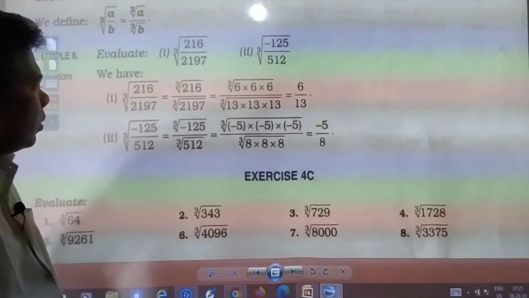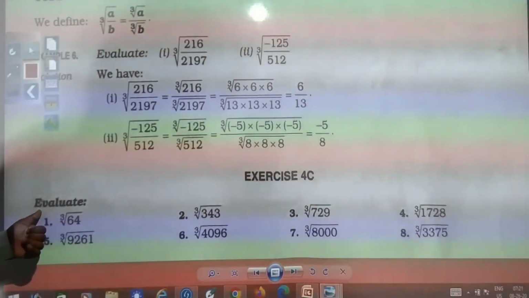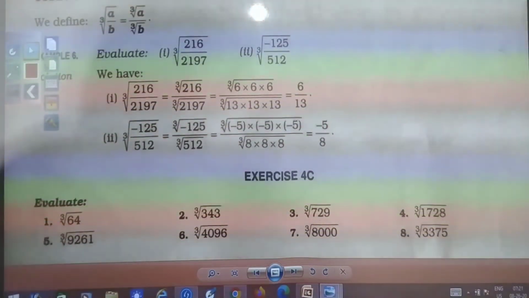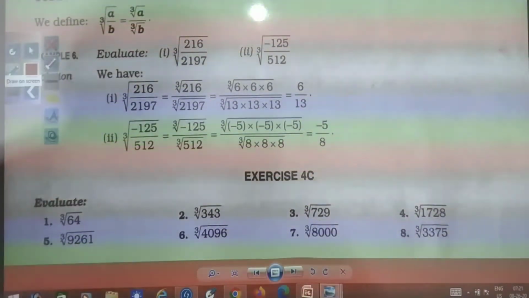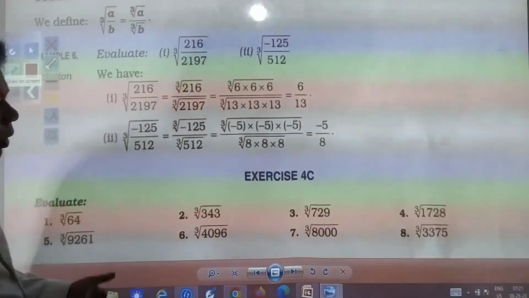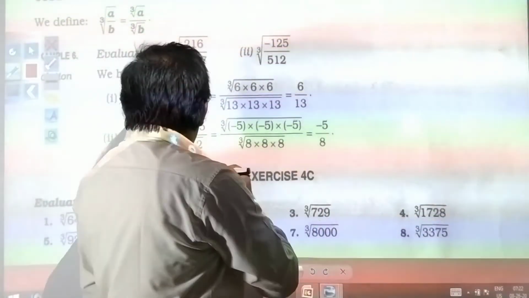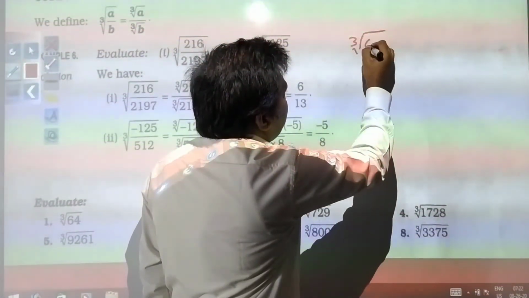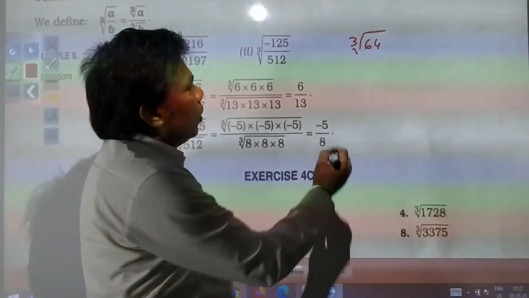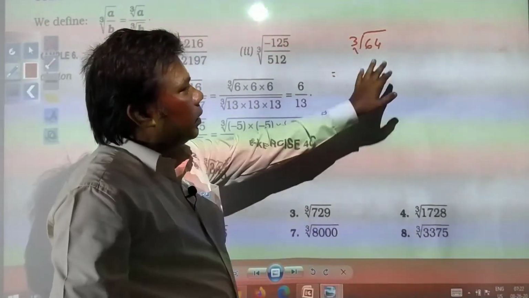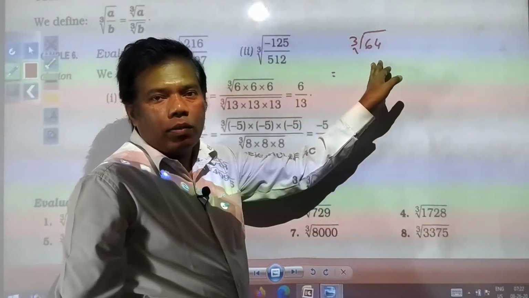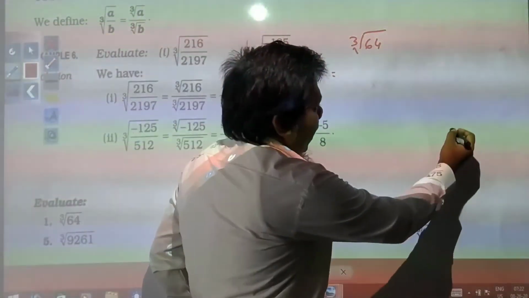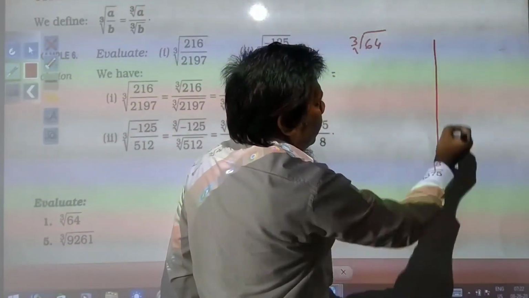Here you have the first question: evaluate the cube root of 64. It is an easy question. I don't think it is required to be solved, but still you see how it will be solved. Cube root of 64. First of all, prime factorization is required. So you find the prime factors of 64.